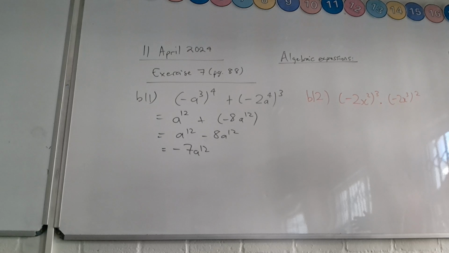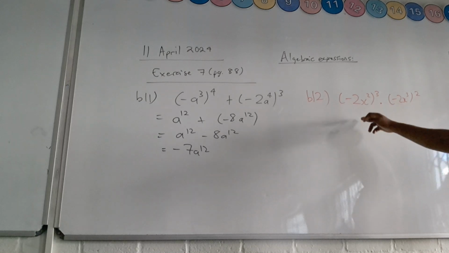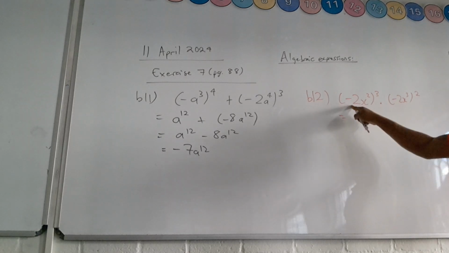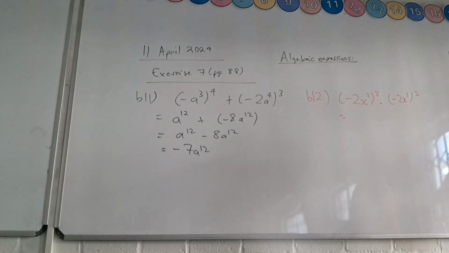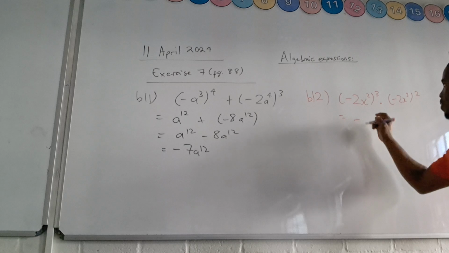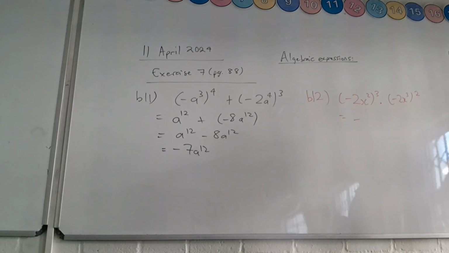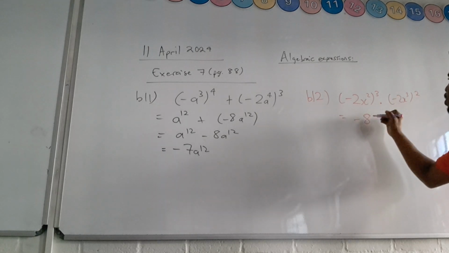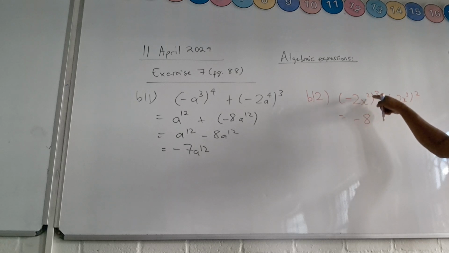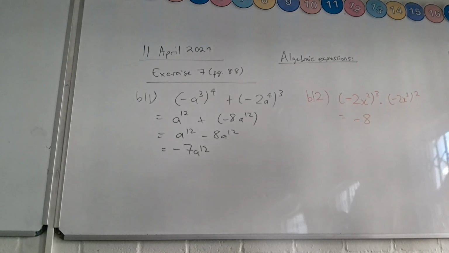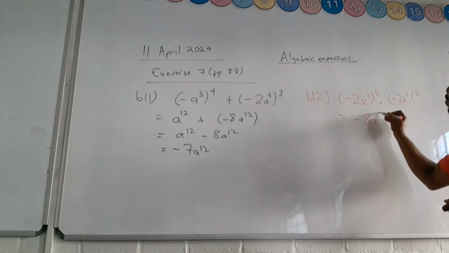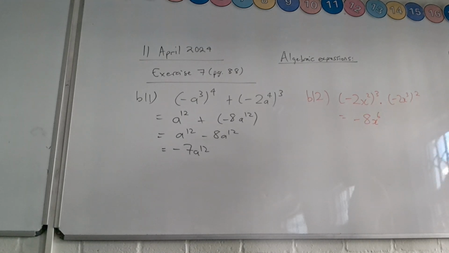Are you good? Now, a negative number is raised to an odd exponent, so overall it's going to be negative. 2 to the power of 3 is 8. x to the power of 2, and then there's a 3, so a power raised to another power is 6. x to the power of 6, because you multiply the exponents.